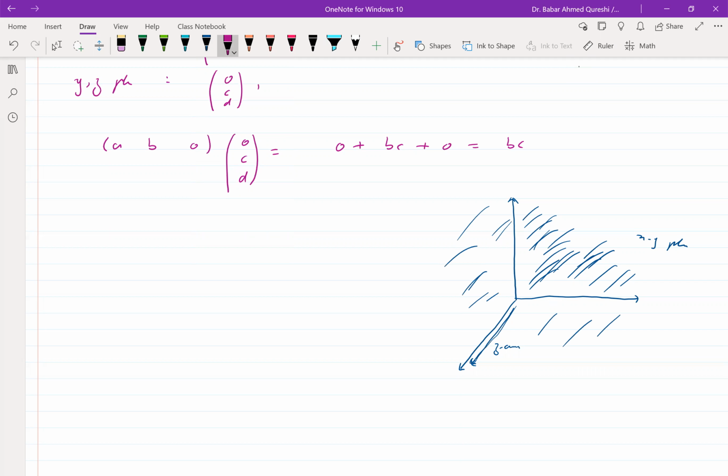So I can then talk about the orthogonal complement. So what is that?